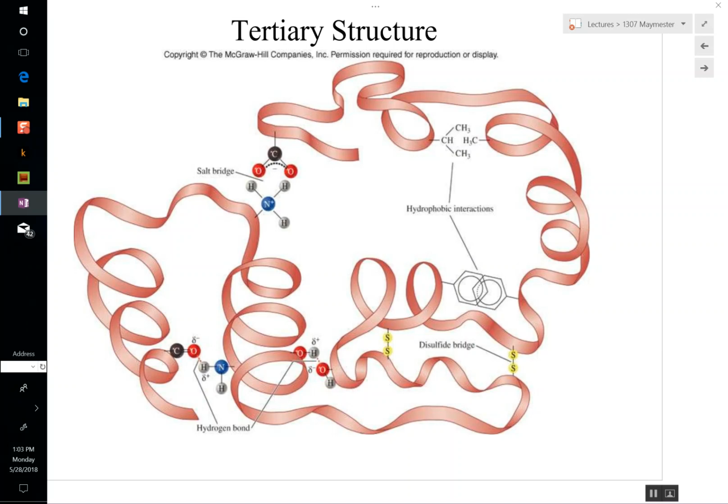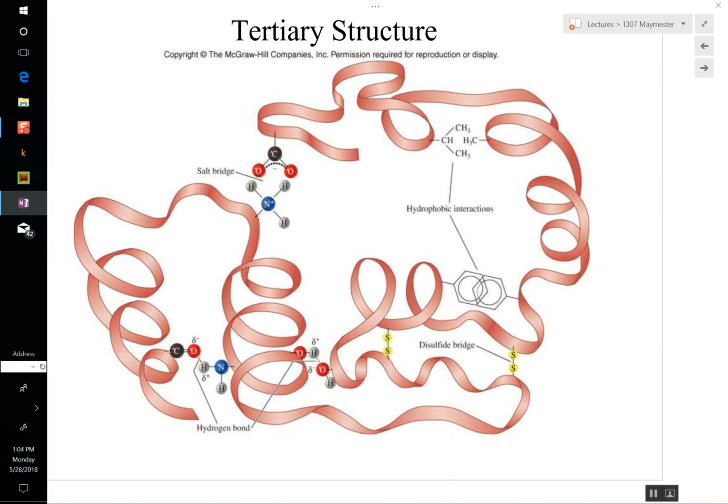That would be a lysine and a glutamate up there, and you're getting the ammonium salt of that carboxylic acid. That's a stronger interaction. It's forming a salt. It's an ionic attraction.